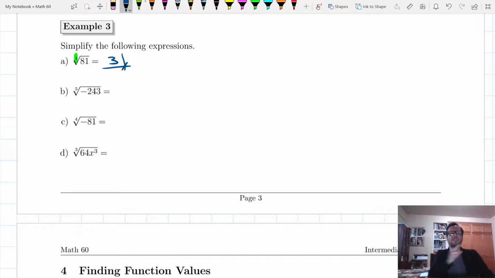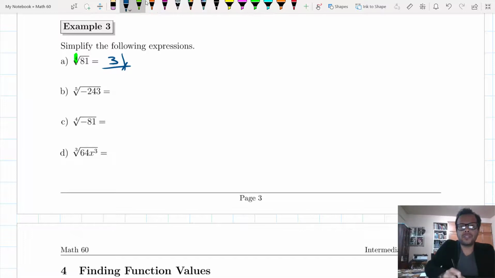Be careful with the number 81, because it is both a perfect square and a perfect fourth. If the question were, what is the square root of 81? Well, the square root of 81 is 9, because 9 times 9 equals 81.